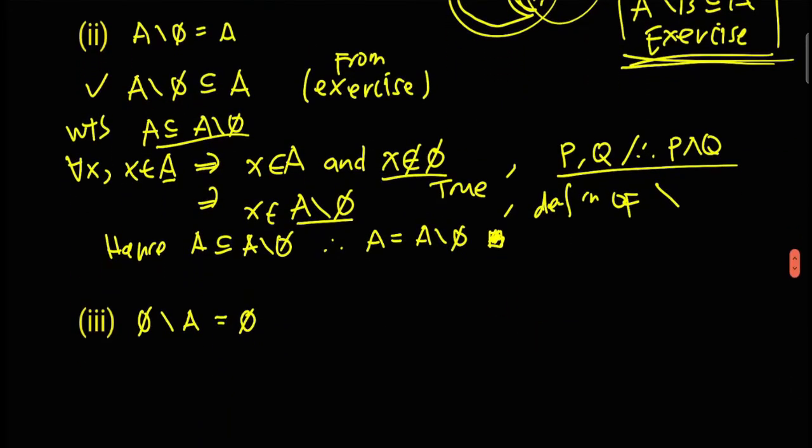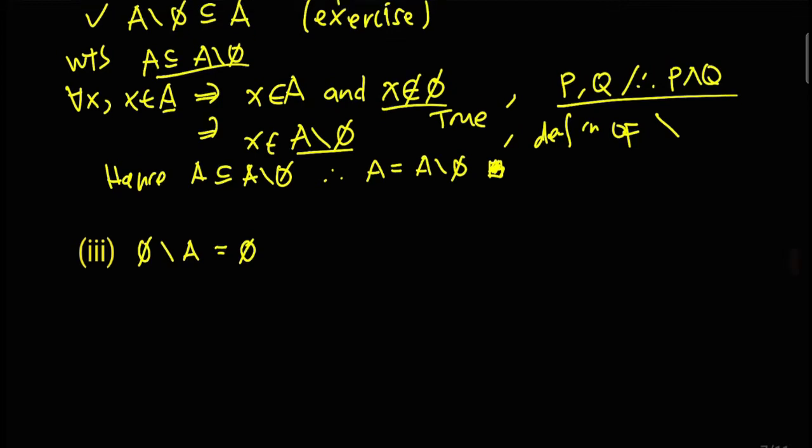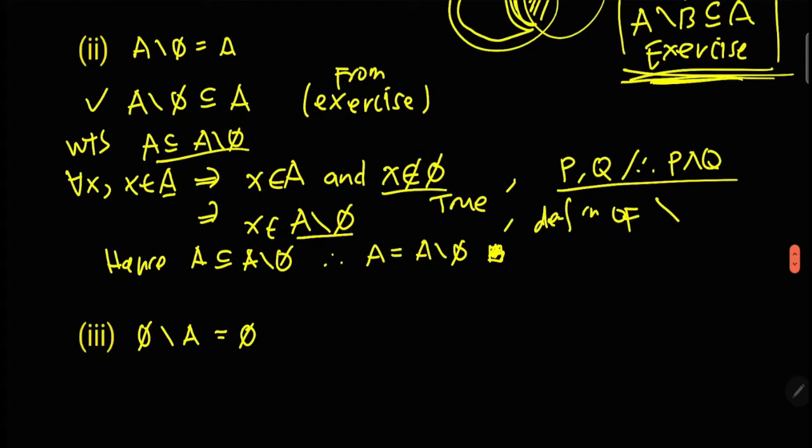Okay, let's have another example. Empty set except A is empty. Of course, it's already empty to begin with. If you remove anything from it, which you can no longer remove anything, then you're still left with empty. So empty set except anything is empty. Again, from our exercise, and you really need to show this exercise, empty set except anything is a subset of the empty set, right?